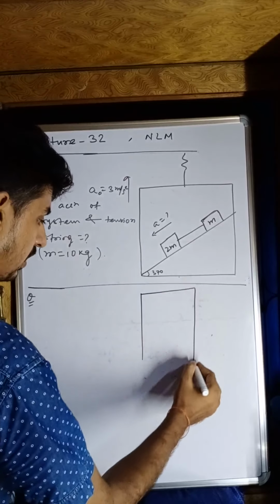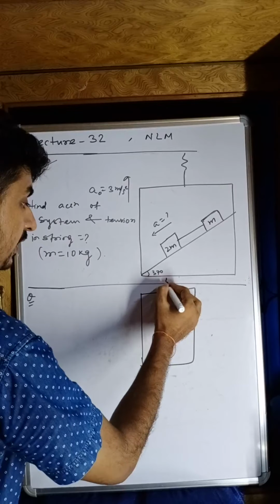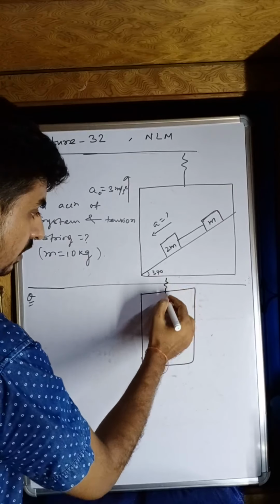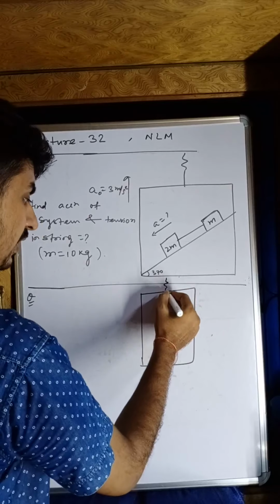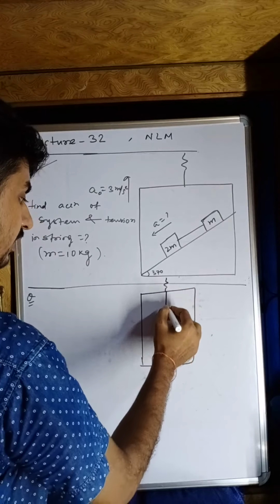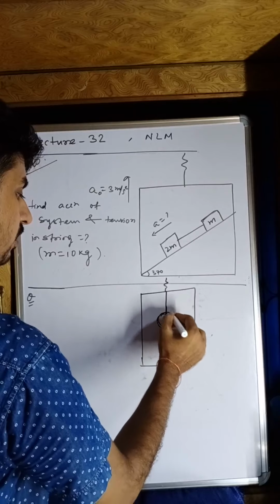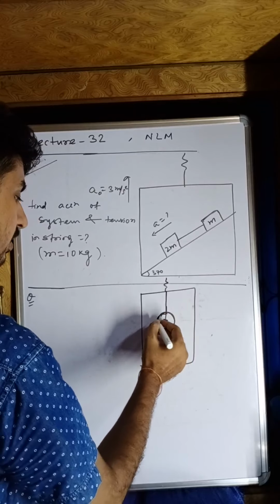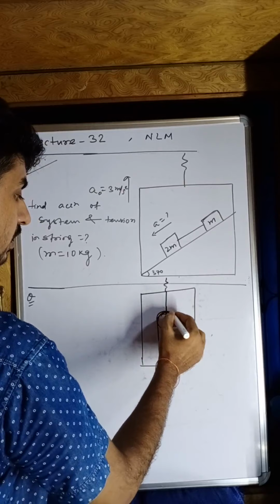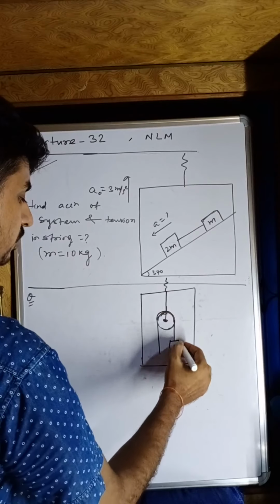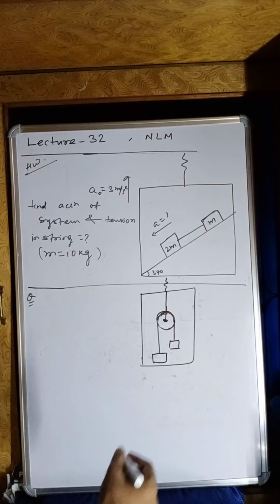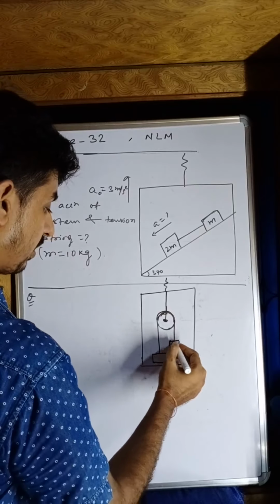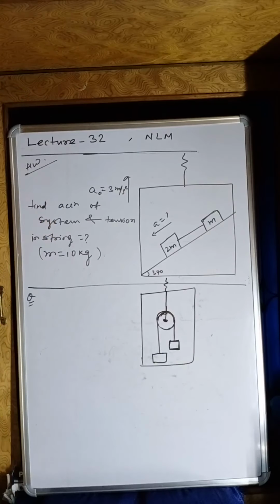The same case, this is the elevator, but in this elevator from ceiling a pulley is tied, a pulley is suspended, and two blocks are suspended with massless string, okay, in this way.